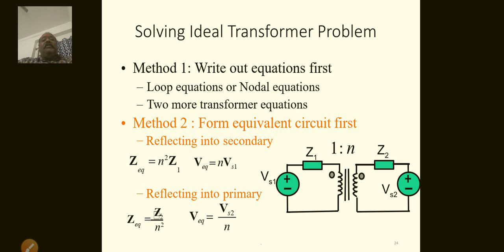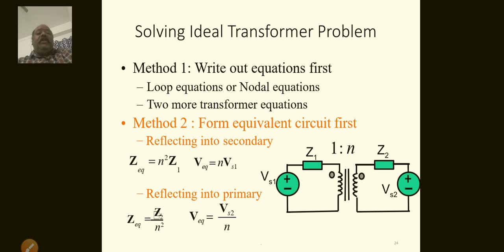There, Z equivalent equals n square Z1, and V equivalent equals n into Vs1, with the 1:n ratio here, the Z1 and Z2, Vs1 and Vs2 like this. The dots will be indicated like that. So Z equivalent equals n square into Z1, V equivalent equals n into Vs1.